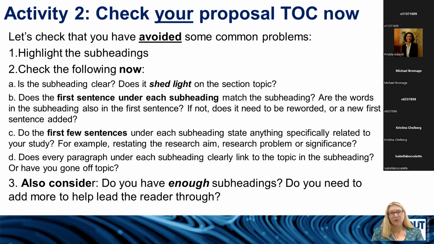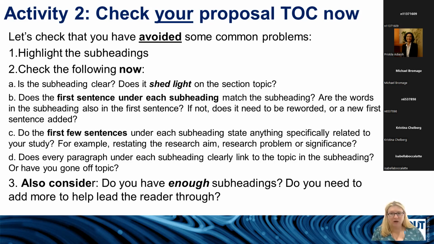And then keep reading through those first few sentences, because remember, under every subheading, which is a section, you will always need to come back and remind the reader about your research aim or your problem or your significance or something to bring that section back to your specific study. And then as you're reading through each section, do each of those paragraphs keep on adding to your points, or have you accidentally gone off topic?